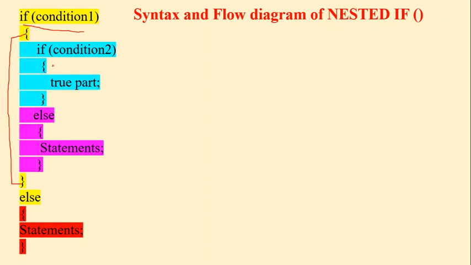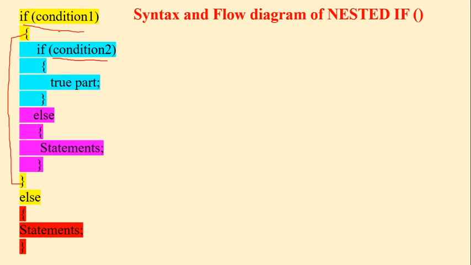In this if part, again I am checking condition 2. If condition 2 is also true, then it executes the innermost true part. If the second condition is false, it executes the else part inside of the if statement.